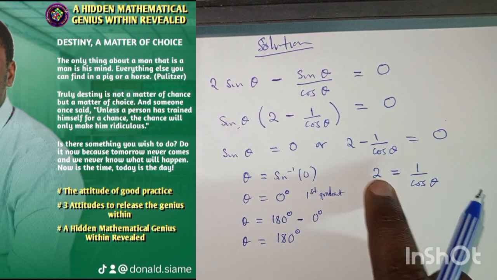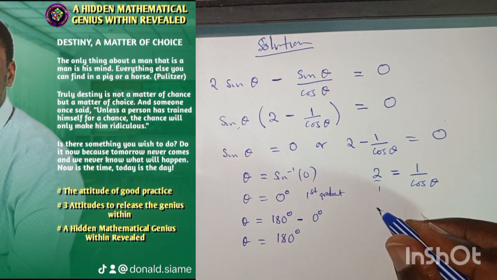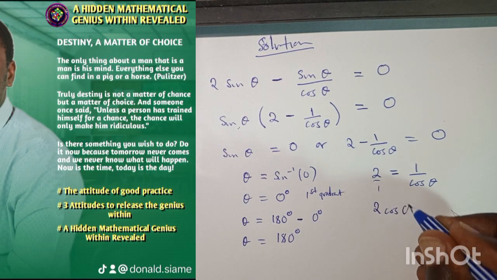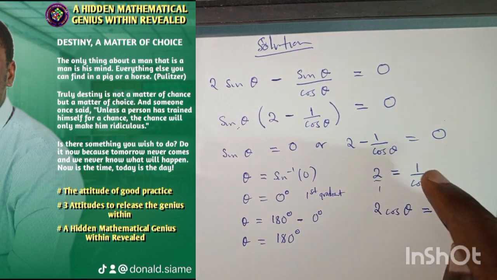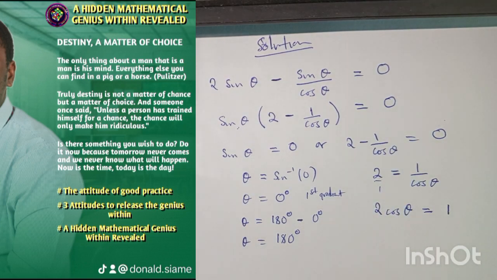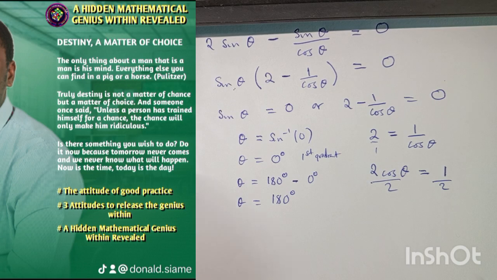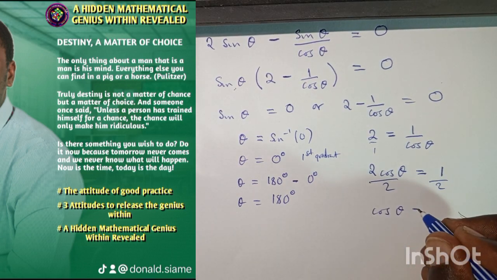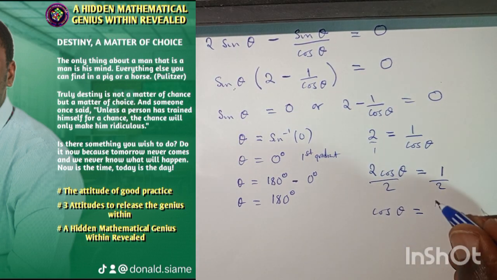We say 2 times cos theta, you get 2 cos theta is equal to 1 times 1, which is 1. For us to remain with cos theta, we are going to divide both sides by 2. So cos theta is equal to 1 over 2.